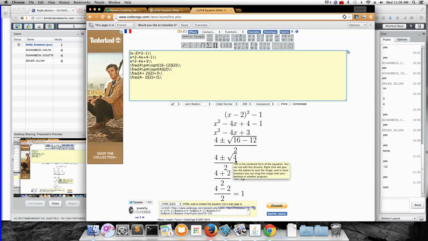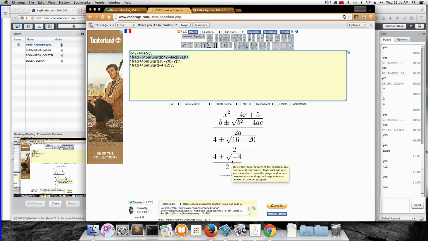This number is positive. We can take the square root of a positive number. We're good. Whereas in the example before, this number was negative. We can't take the square root of a negative number, so we kind of had a problem, which made sense because the graph didn't cross the x-axis.